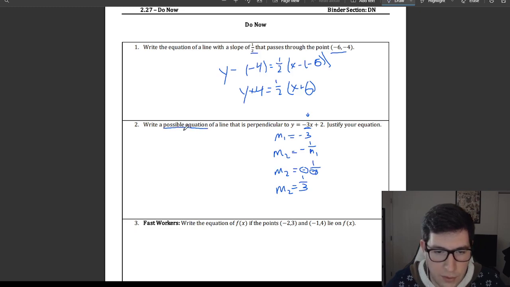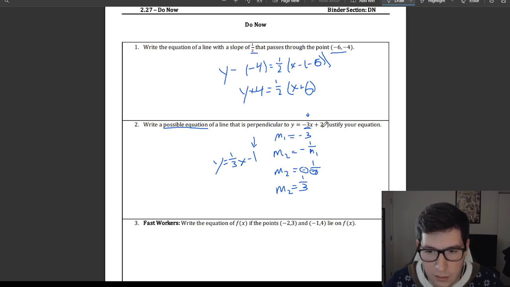So if I'm only writing a possible equation, I can write this in any way that I need. I'm just going to simply have that y is equal to 1/3x minus 1. Again, remember that you can pretty much have anything here, especially when we're looking at perpendicular lines. You can even have the same y-intercept because this slope guarantees that these lines are going to be different. So we don't have to worry about accidentally writing the same exact line.